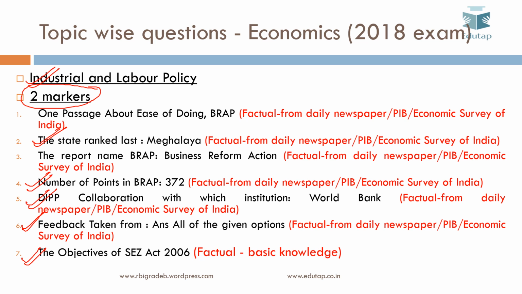Okay, now friends, though it is not directly related to industrial and labor policy, it is one of the implementations, or one of the actions taken to rank the states based on how easy it is to set up a business there. Okay, so directly or indirectly it is linked to the industrial and labor policy of India. So this was a very prominent news those days, and exactly 5 questions were picked up from this particular important news, right?